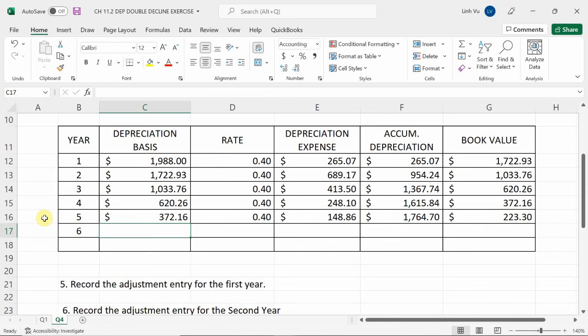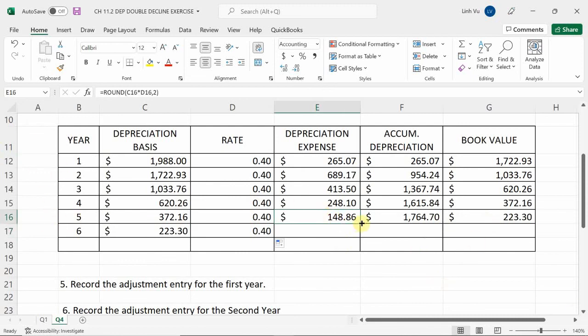So in this case, let's go ahead and carry this amount over, right? So if I do 223.30 and I do 40% of that once again, right? How much is 40% of 223.30? 89.32.